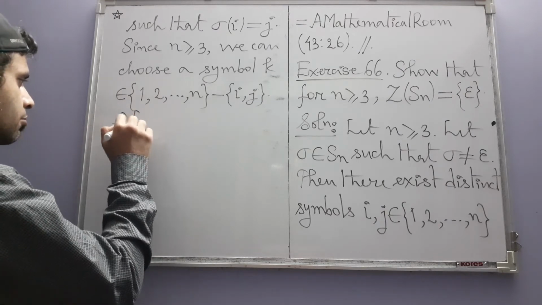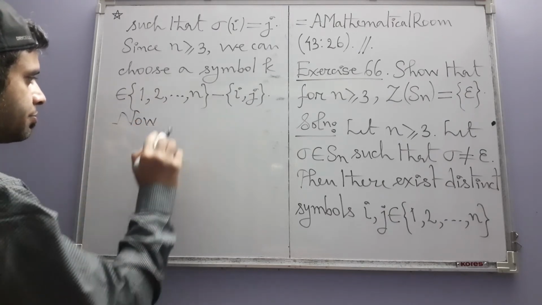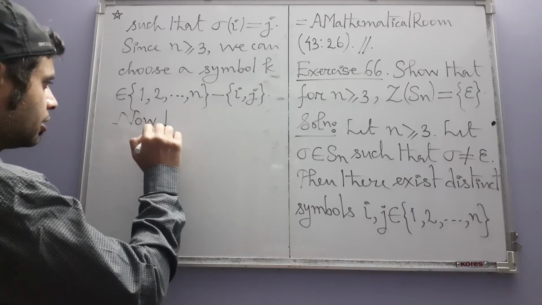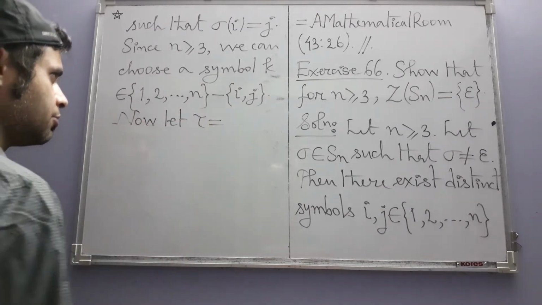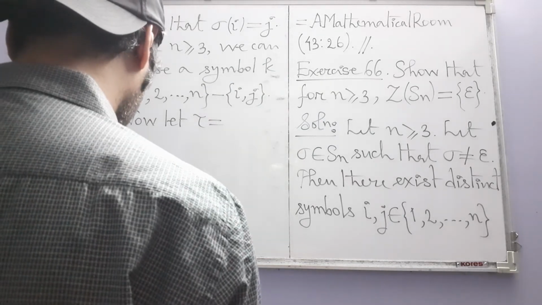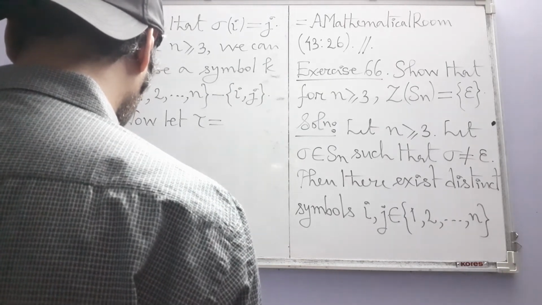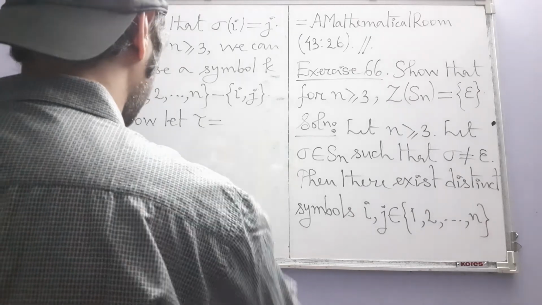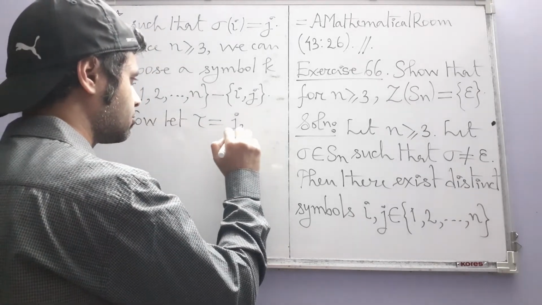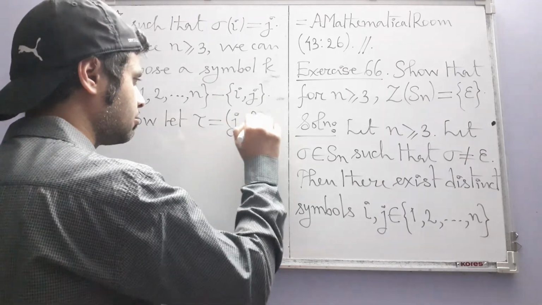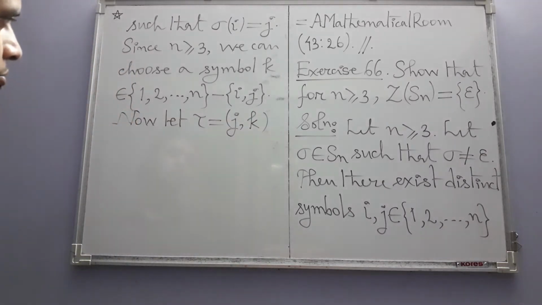Now let tau be equal to the transposition k comma j, or j comma k, anything. These two are the same. So tau is the transposition j comma k.